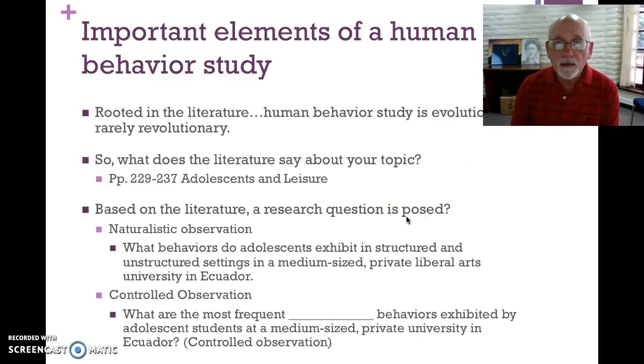Now, some important elements of human behavior study. The first thing that I want to emphasize here is that human behavior studies are rooted in the literature, rooted in previous research. Human behavior study is evolutionary, rarely revolutionary, which means that we take things step by step.